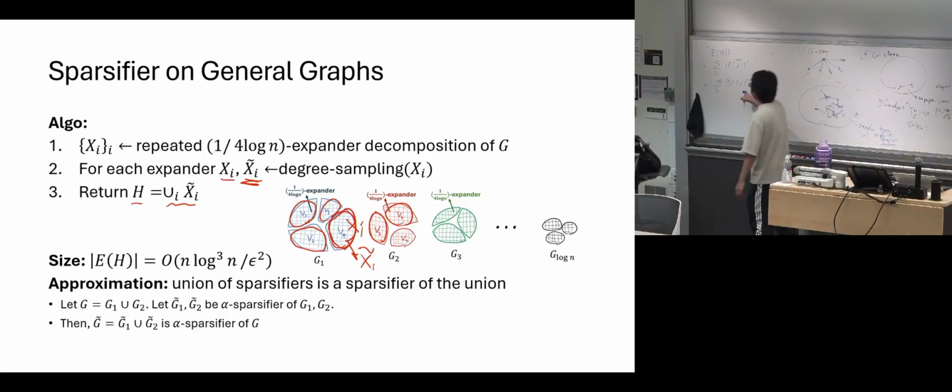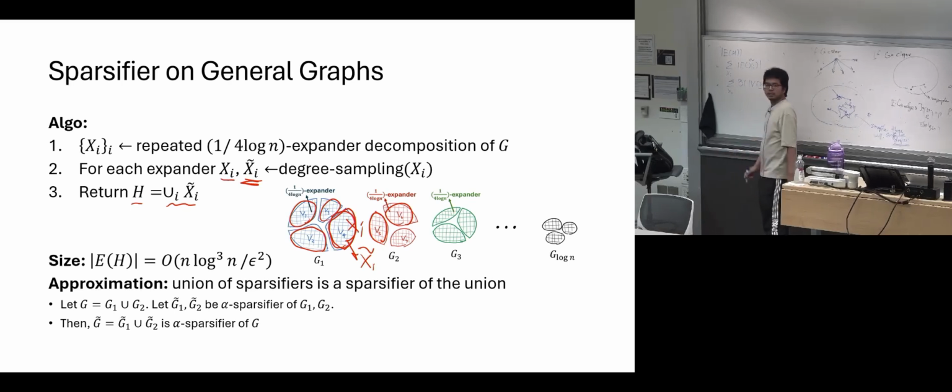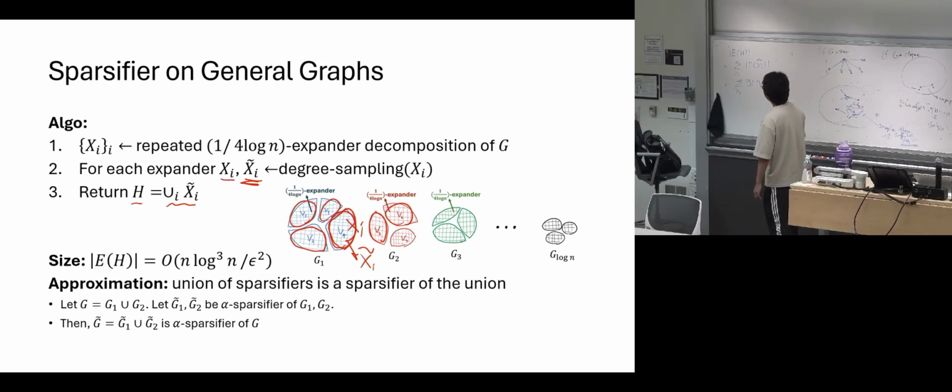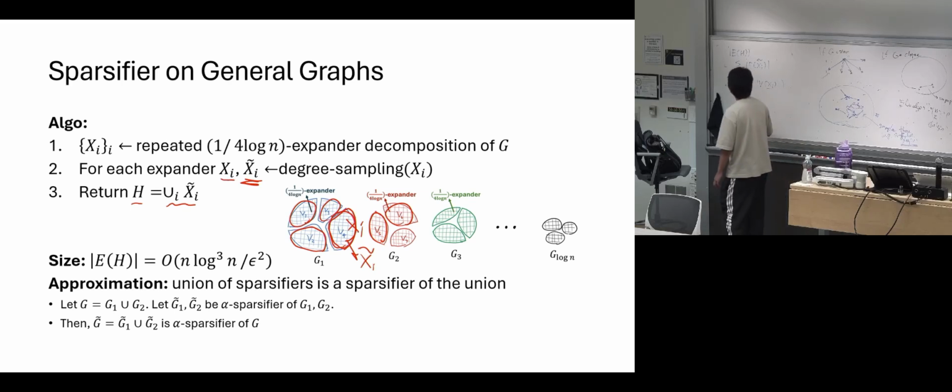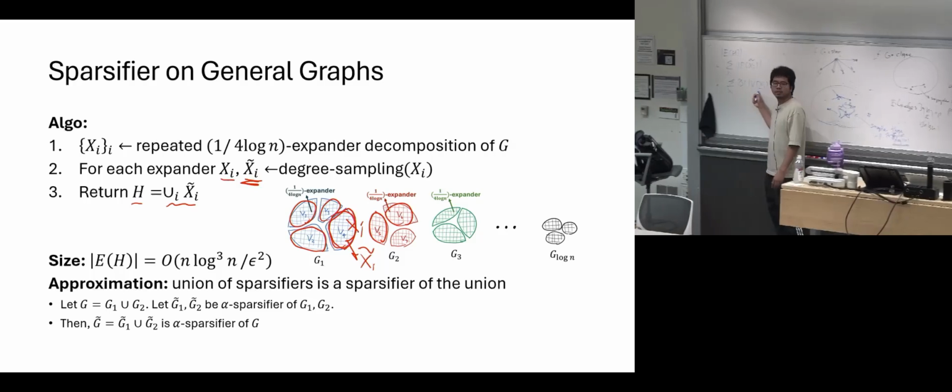And now you count the total number of nodes over all the Xi. Xi and Xi tilde have the same set of nodes. So what should this be?